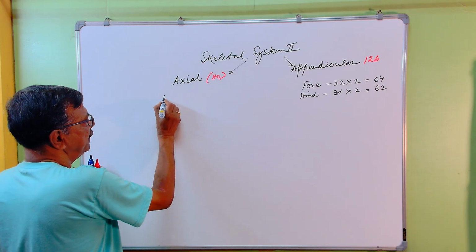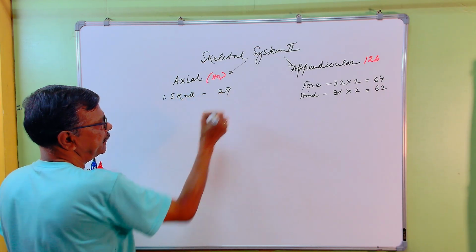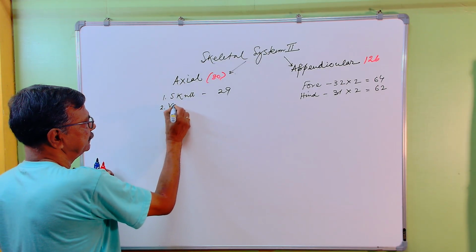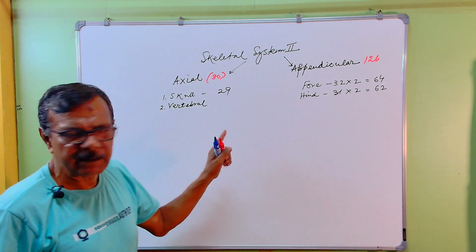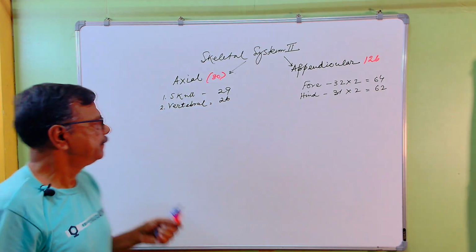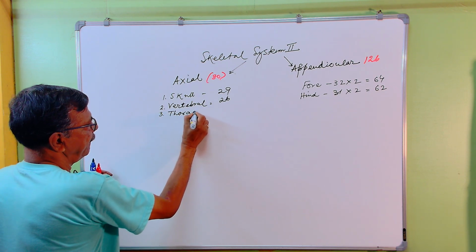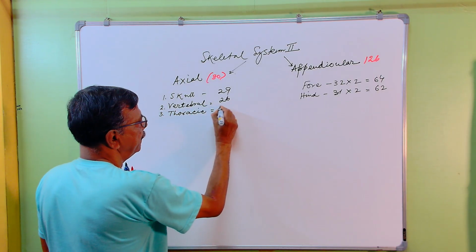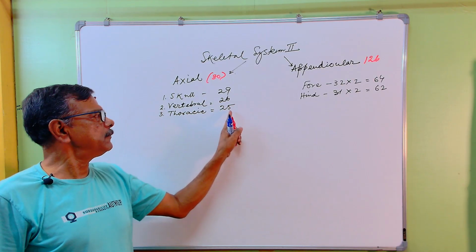Number one is the skull, 29 bones. Then the vertebral column, 26, and the thoracic cage consists of 25.